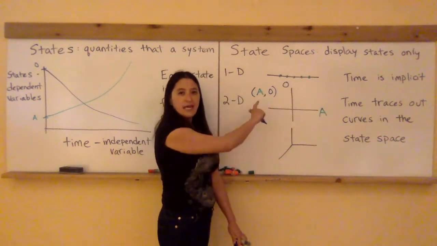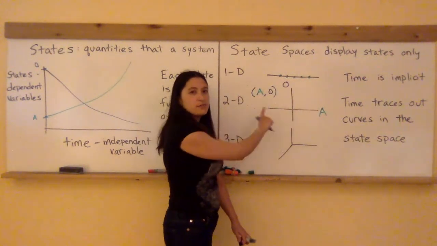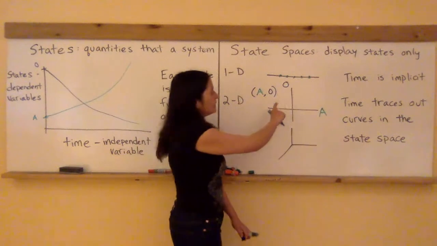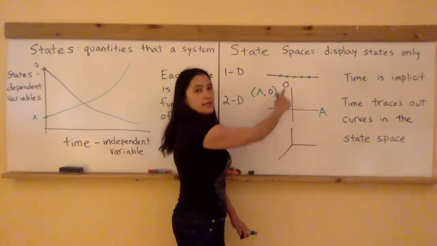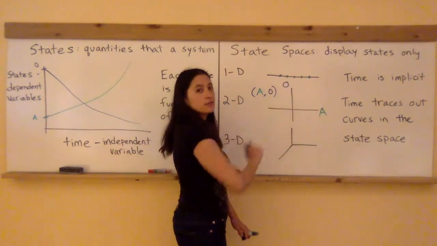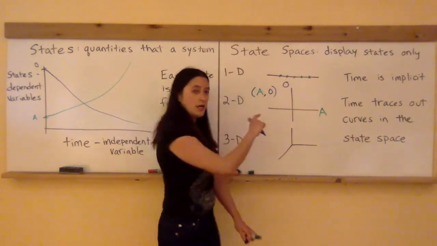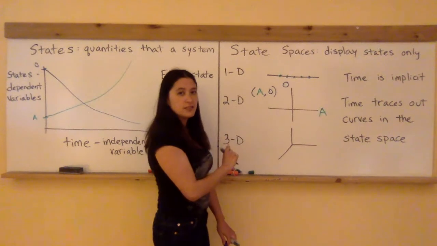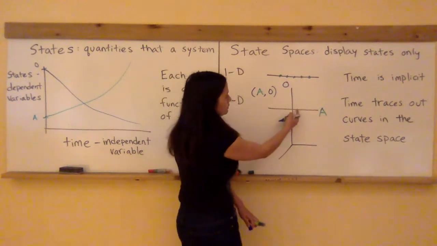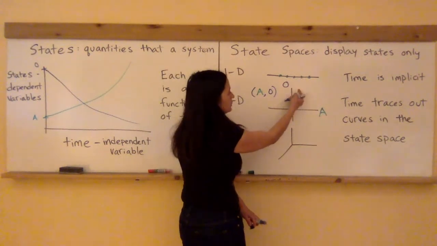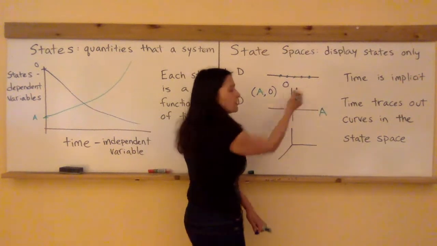So it's going to have an X component, and that represents one of our output variables, and then it's going to have a Y component, and that's displaying our other output variable. How does something like this look on a state space like this? Well, alligators are starting small, and octopuses are starting high. So we're starting somewhere up here.